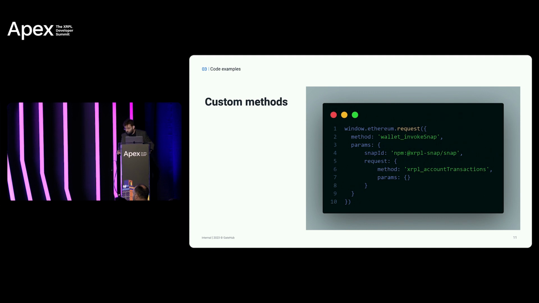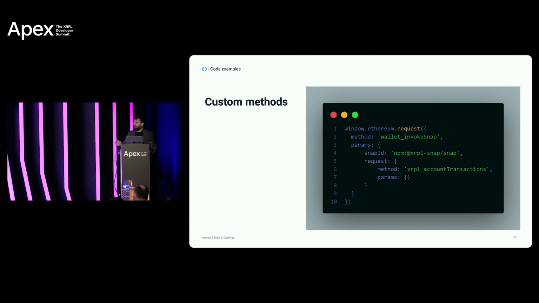If you want to communicate with a snap, all you need to do is call one method, and that method is invoke snap. You specify what snap and what method. In terms of XRPL Snap, all the naming is the same: it's xrpl underscore, and what you want to do. I want to get account transactions. I want to sign a transaction: xrpl underscore sign. I want to submit a transaction: xrpl underscore submit.